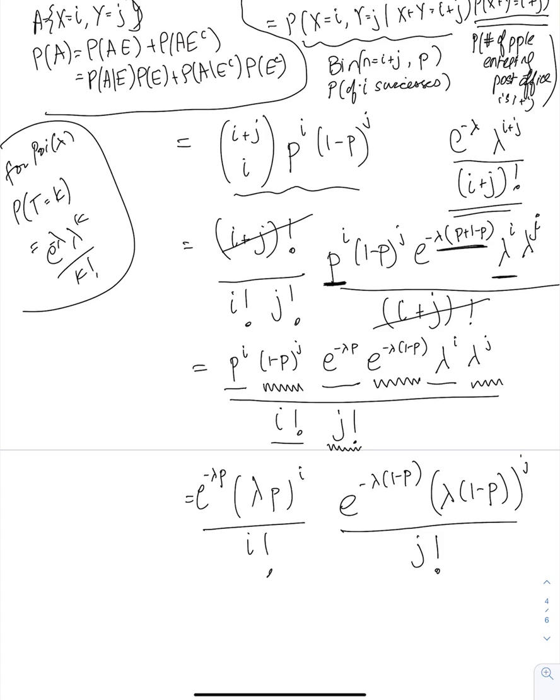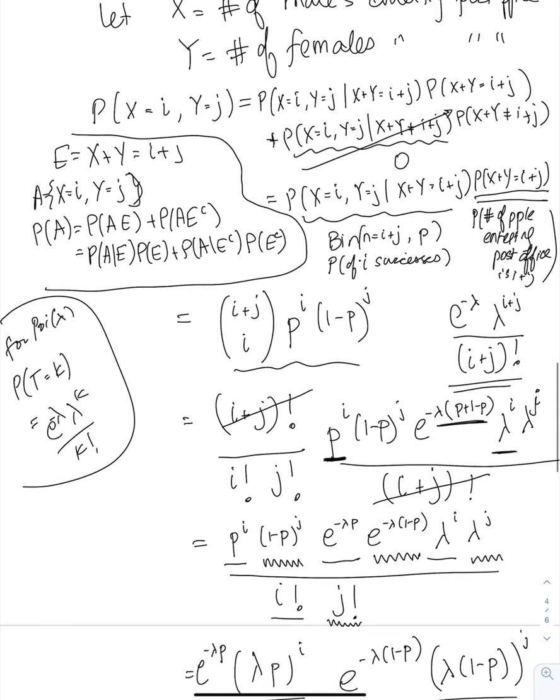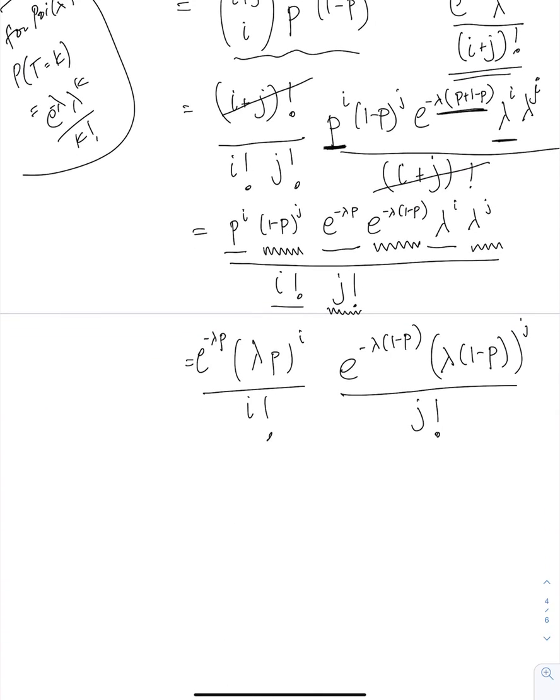Okay, so that's kind of nice. Now we have that the probability X equals i intersect Y equals j is equal to what?